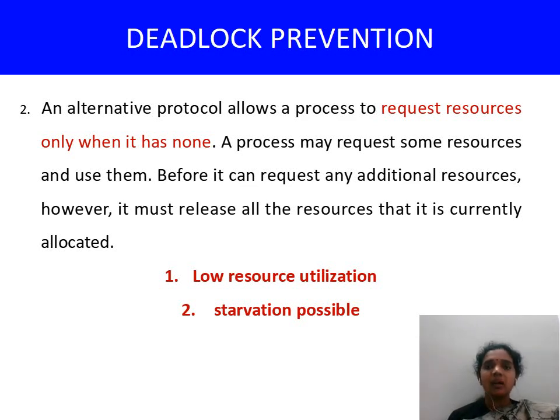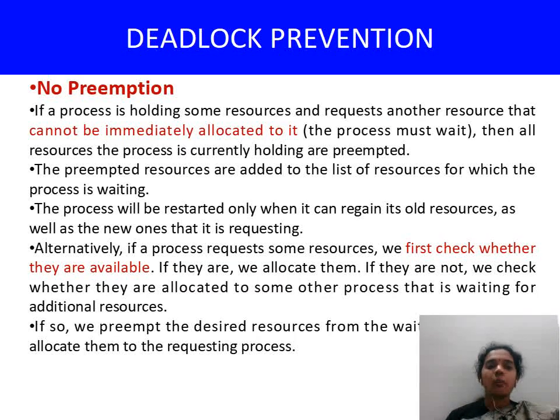This can be a problem if the process has partially completed an operation using a resource and then it may fail to get it reallocated after releasing it. Either of the methods described above can lead to starvation if a process requires one or more popular resources.